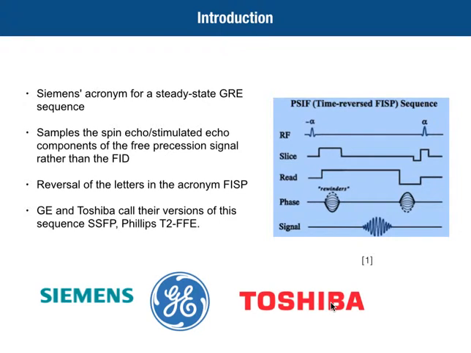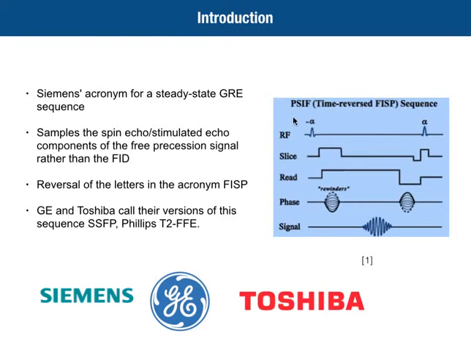So firstly, the introduction. PSIF, as I said, the abbreviation doesn't stand for anything, but it is a time reverse form of FISP. FISP means fast imaging with steady state free precession, and it was invented before PSIF.